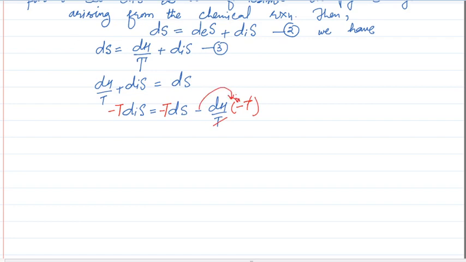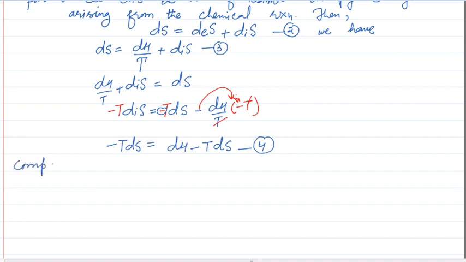So we can simply write this relation: minus T dS_I will be equal to dH minus T dS. So we will get this final equation. This is equation 4.